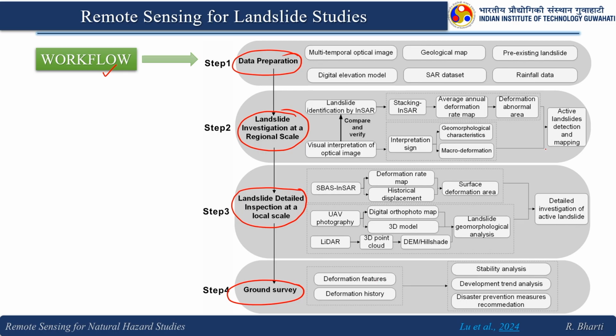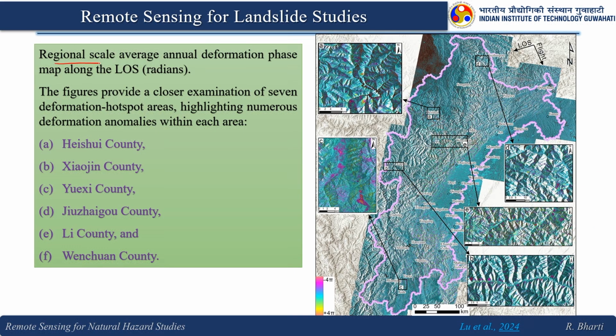You can go through this and understand how they followed this methodology. Then the regional scale average annual deformation phase map along the LOS in radians. The figure provides a closer examination of 7 deformation hotspot areas, highlighting numerous deformation anomalies within each area.